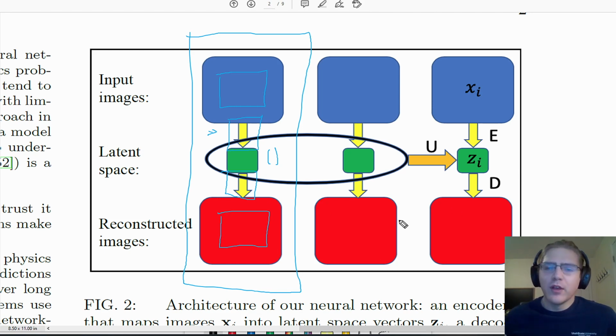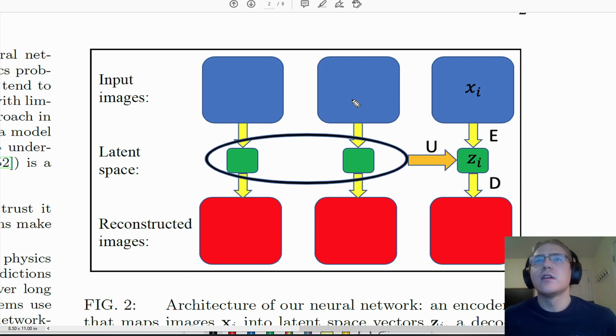Because what do you do with an equation of motion? Well, you take the current initial conditions, and you can calculate the next state. So that is what the rest of this is doing.